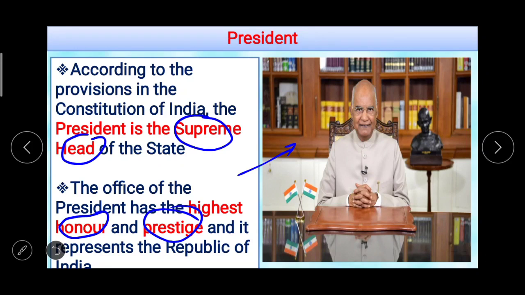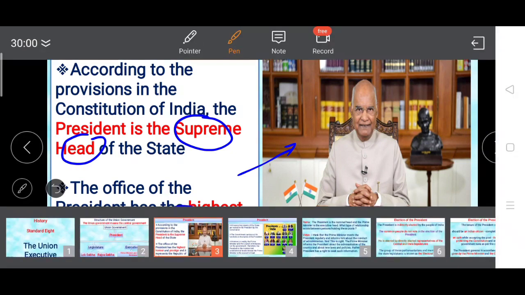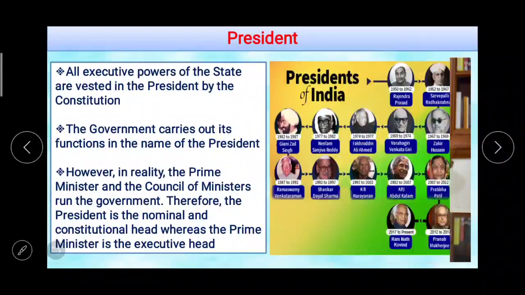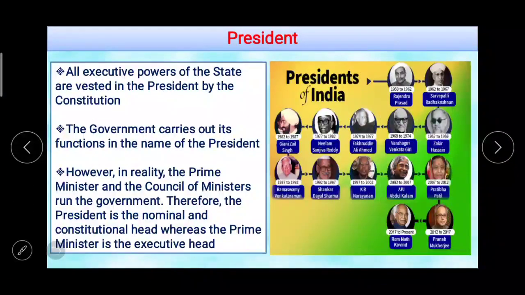But one thing about the President, keep in mind that it is the supreme head and the office of the President has the highest honor and prestige. Also, it represents the Republic of India. All executive powers of the state are vested in the President by the Constitution.